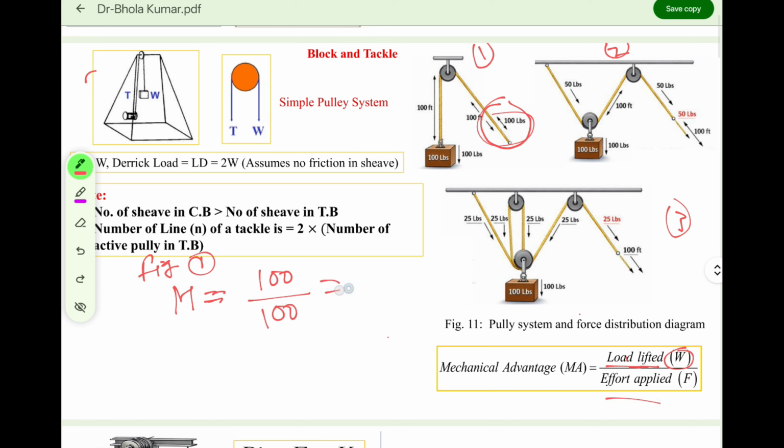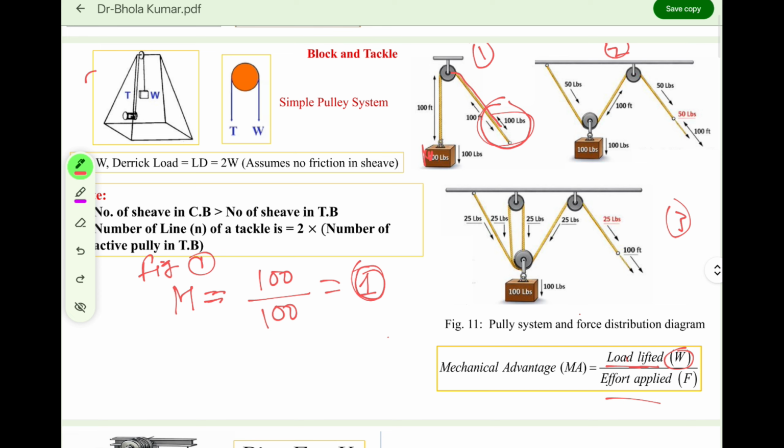So you are getting the mechanical advantage 1. So if the load is attached with one string, means with one line, you are getting the mechanical advantage 1, right? If the mechanical advantage is 1, it means there is no advantage, right?